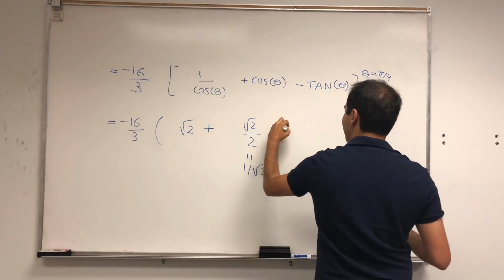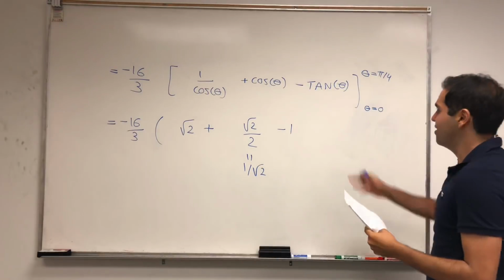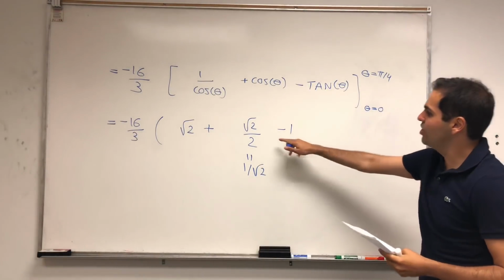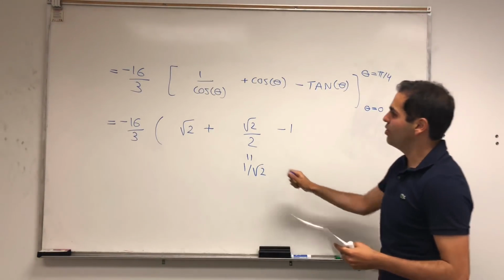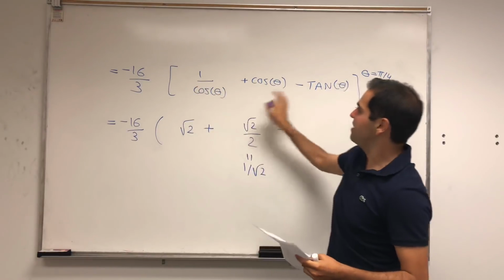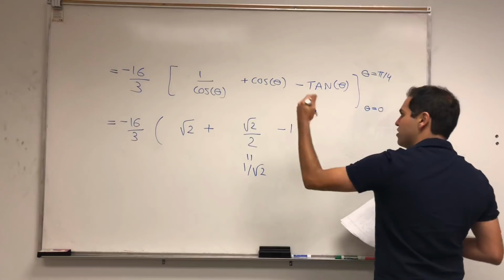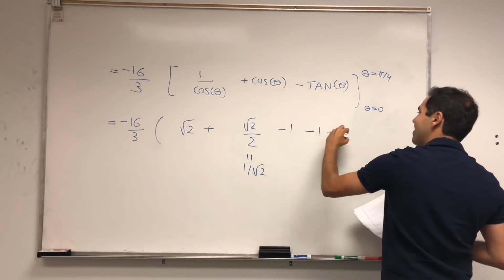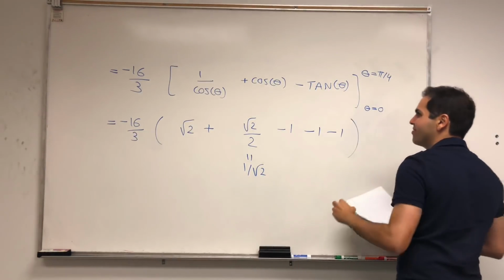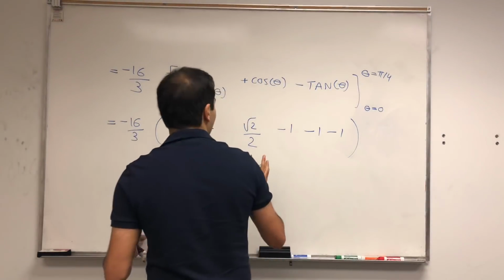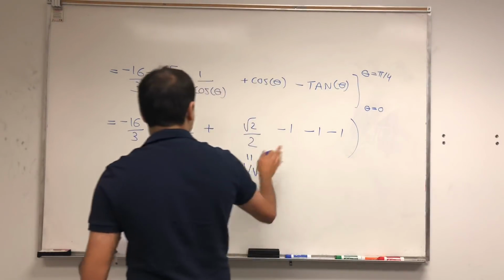And the tangent of pi over 4 is 1, so with this, it's minus 1. And then you do minus everything, but with 0. And cosine of 0 is 1, so you get minus 1, minus 1, minus 1.